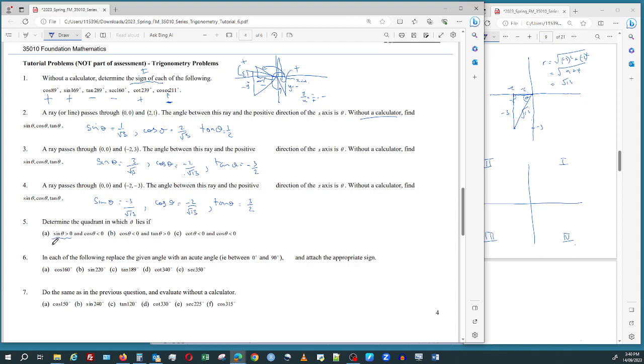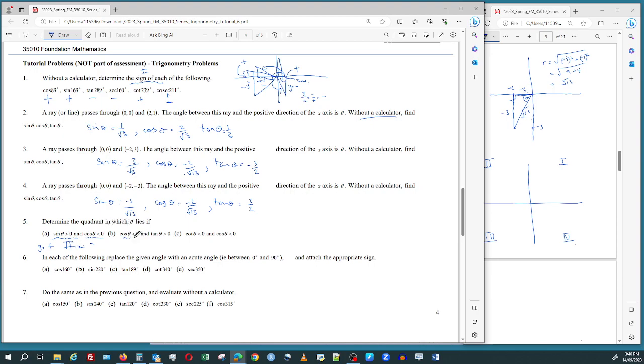Where is sine positive? Sine positive, and cos is negative. So y is positive, this is the association, and x is negative. So where's y positive? Y is positive here in this quadrant, so it's quadrant 2. So we'll write 2.